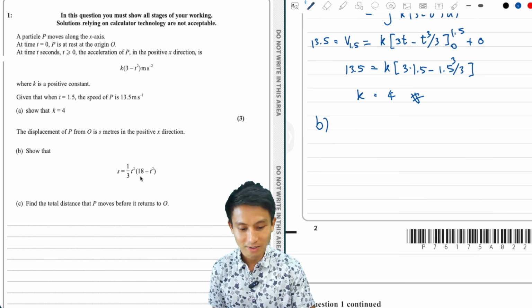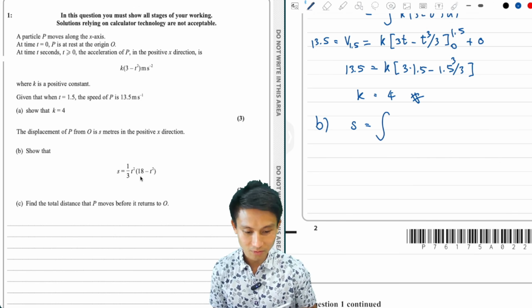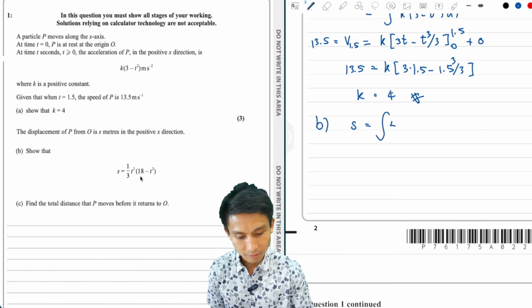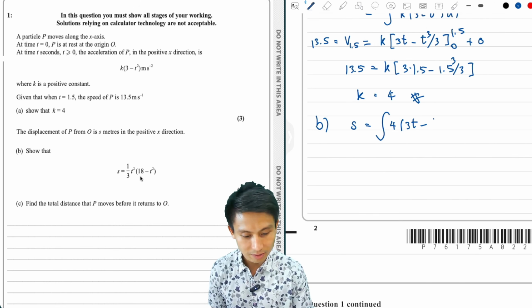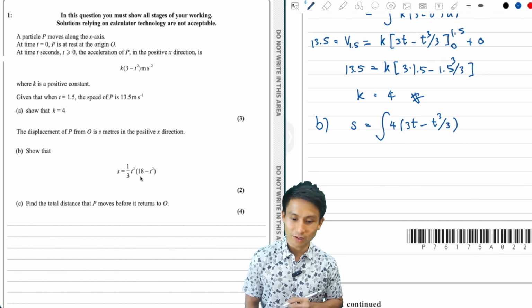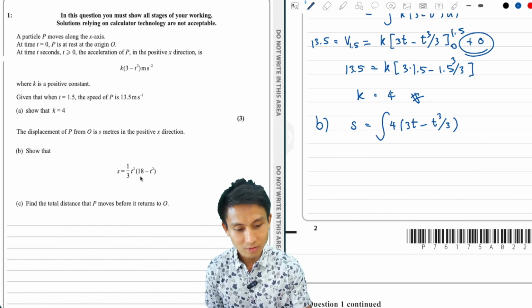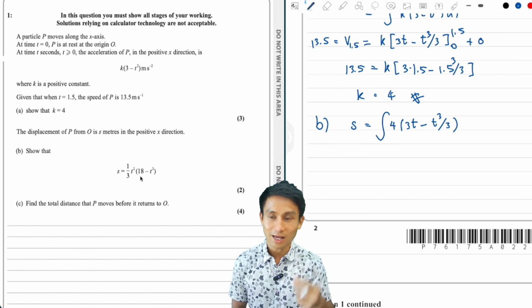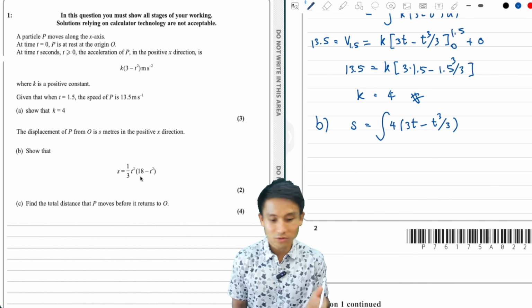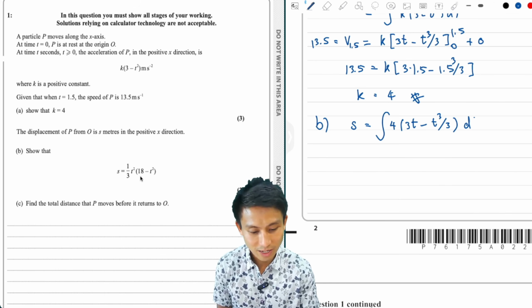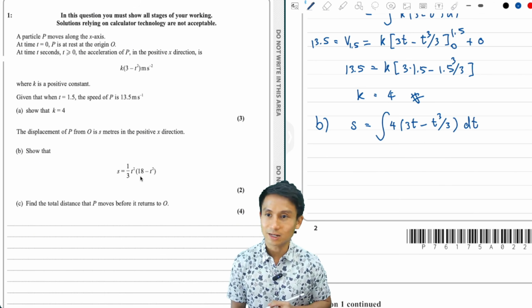So displacement equals the integral of 4 times (3t minus t cubed over 3), because we already got that. The 0 here is the velocity at t equals 0, so we don't need to add that in.